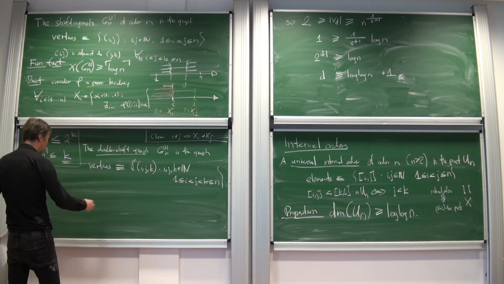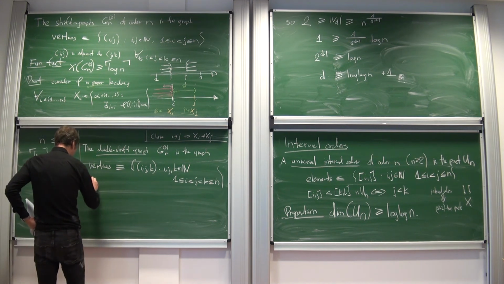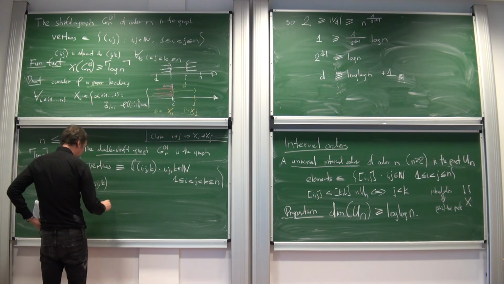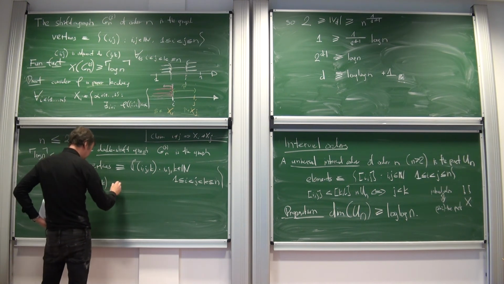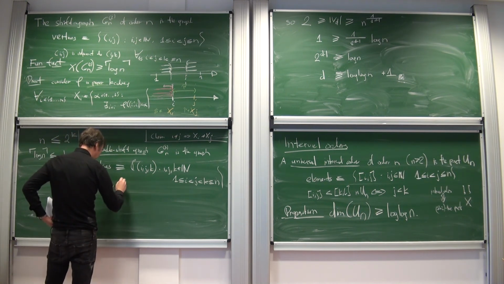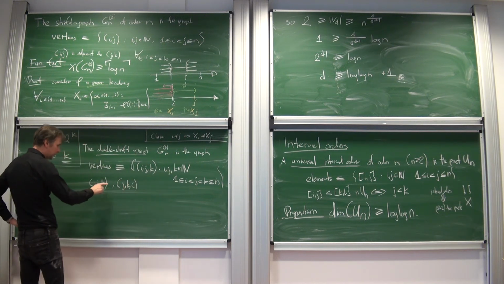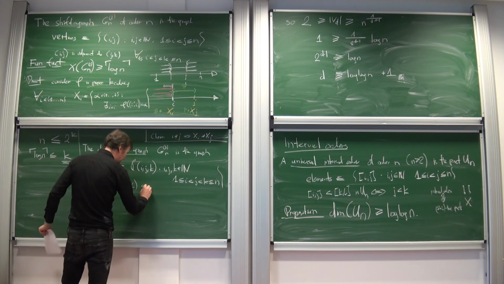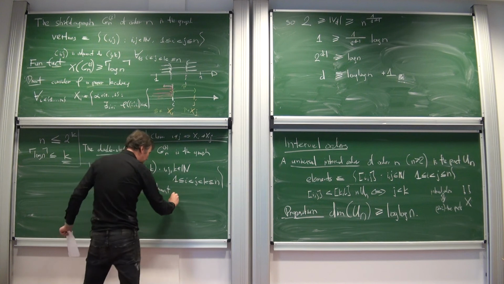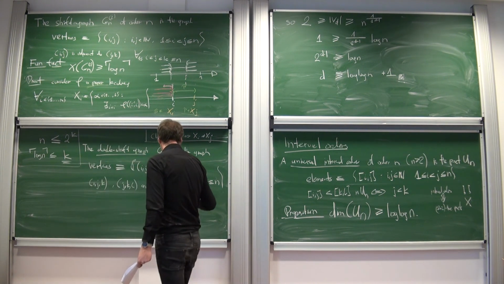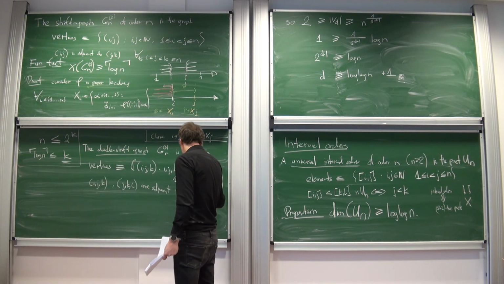And now two vertices are adjacent if the suffix of size 2 coincides with the prefix of size 2. So (i, j, k) is adjacent to (j, k, l), for all these numbers.